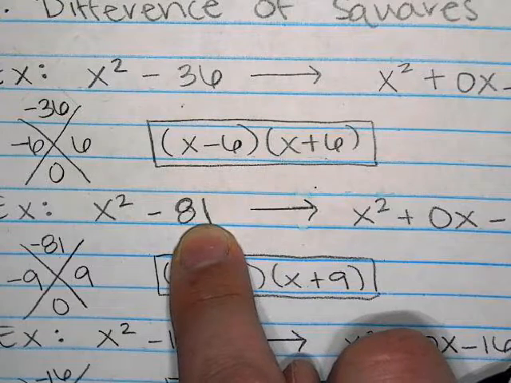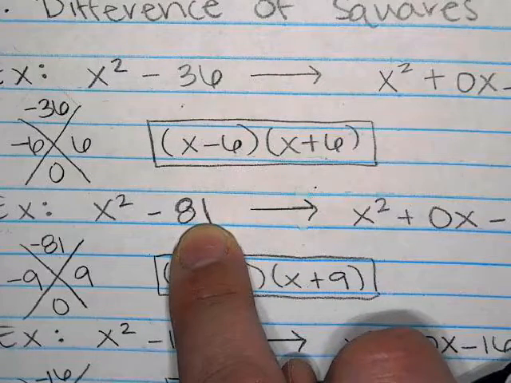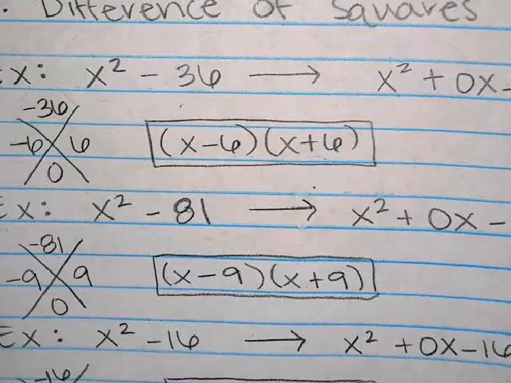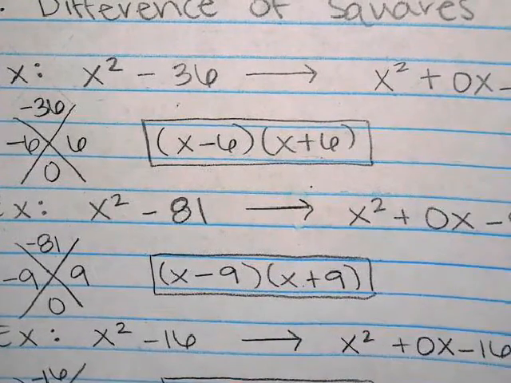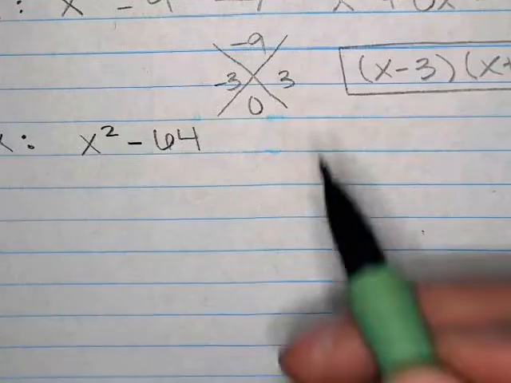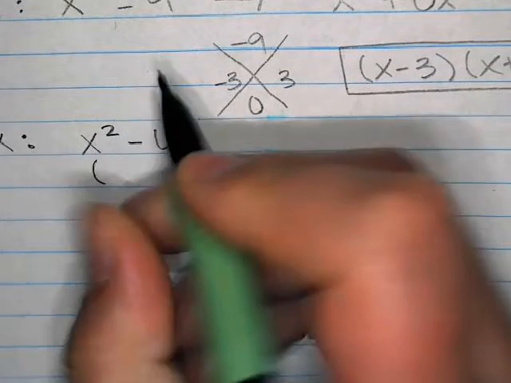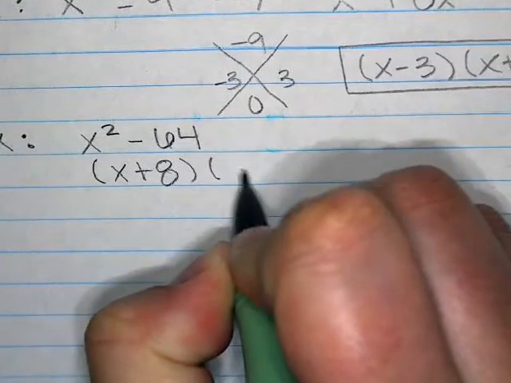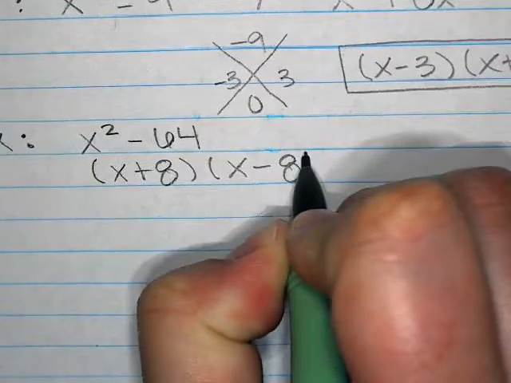It's something squared, 4 squared, 5 squared, 6 squared, 7 squared. So if I were to take this one, x squared minus 64, then Dylan, you were right. We would be using 8 for each of them. X plus 8, x minus 8. So those are the two that we have.